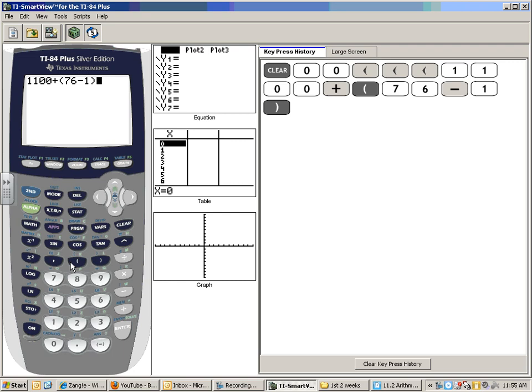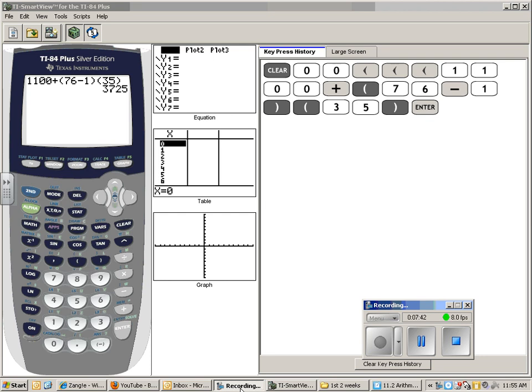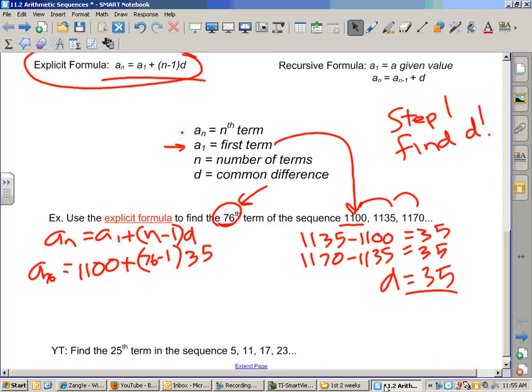And then again in parentheses, we're plugging in what we already solved for D, which was 35. Hit enter and let the calculator do the work for you. Now we have 3,725. So if we go back to our problem, they wanted to know the 76th term of this sequence of numbers. So if you counted that D over and over to the 76th time, your answer would be 3,725.